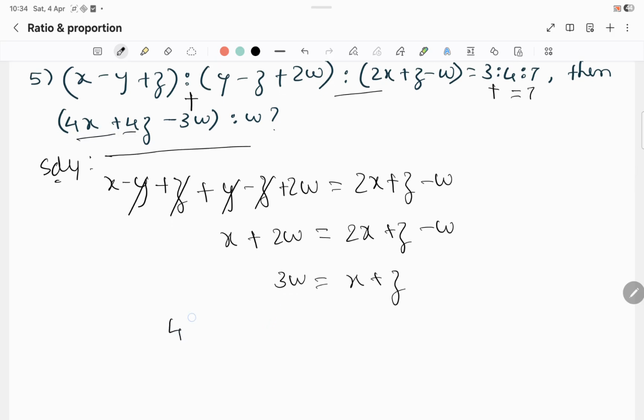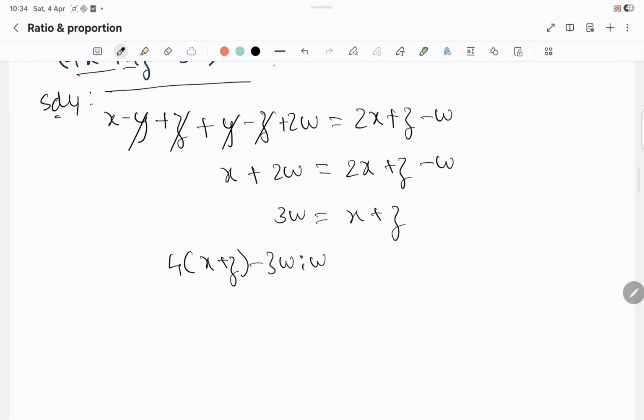So 4 into x plus z minus 3w to the ratio of w. x plus z is equal to 3w, means 4 into 3w minus 3w to the ratio of w. 4 threes are 12 minus 3, 9w is to w, 9 is to 1.